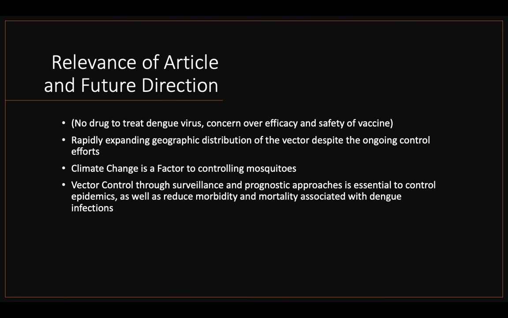There are speculations that this could be due to climate change, and not only that, but vector control through surveillance and prognostic approaches is essential to controlling epidemics, as well as reducing morbidity and mortality associated with dengue viral infections.